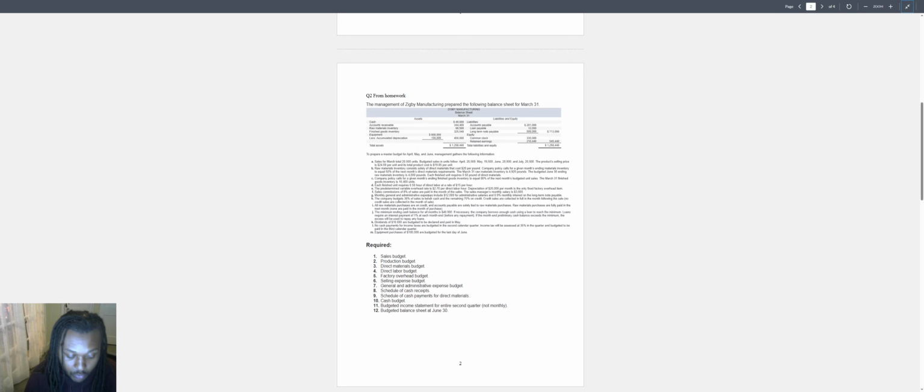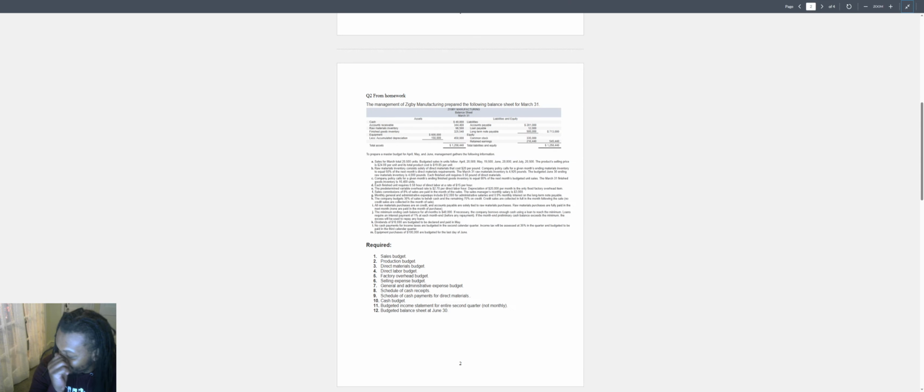But for the total general and administrative expense, you will have 49,500 for the quarter. Because for April, the total was 16,500. For May, it was also 16,500, and for June, it's going to be that 16,500 as well because of the administrative salaries being 12,000 and the interest being 4,500.